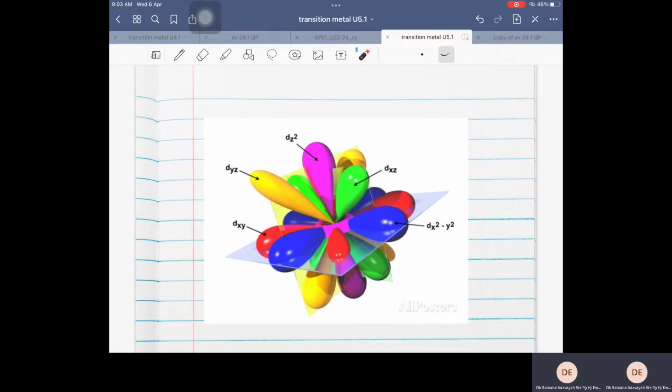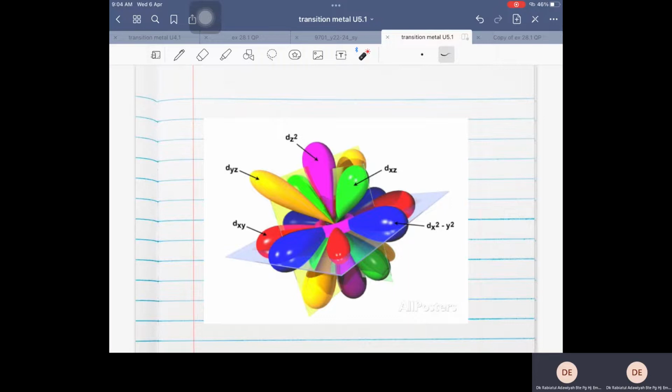This is how a transition metal atom would look like, or any d-block elements, 3d-block elements. This is only so far showing the d orbitals.